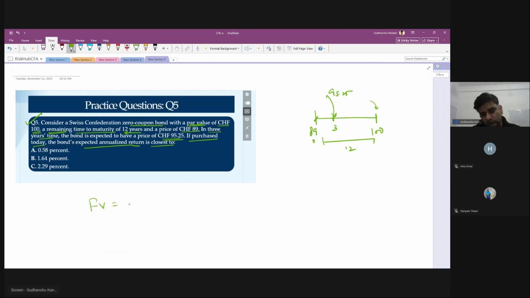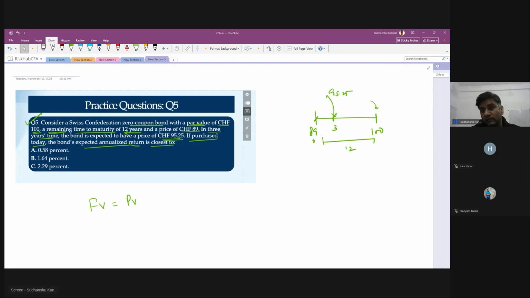FV is equal to PV, right? Now the question is, should I take exponential RT, or should I take 1 plus R to the power T? What should I take? How do I understand it?